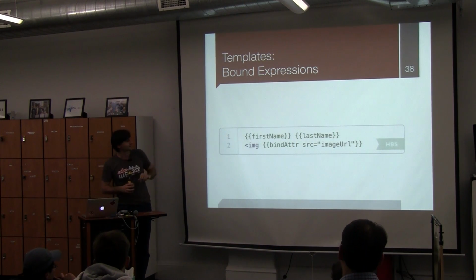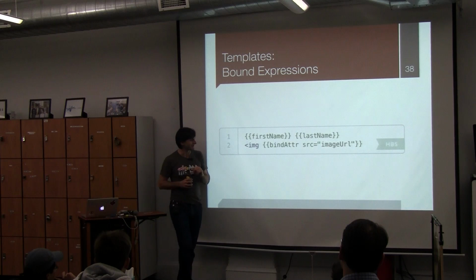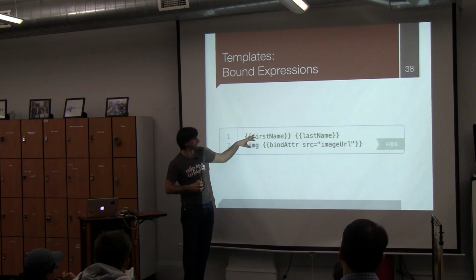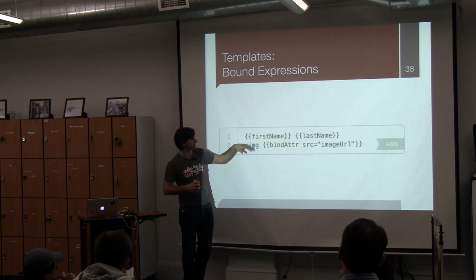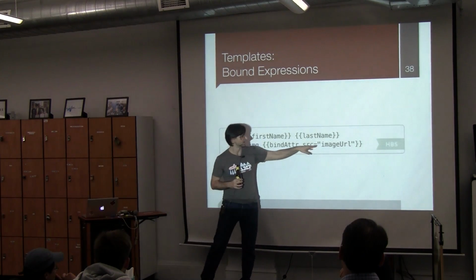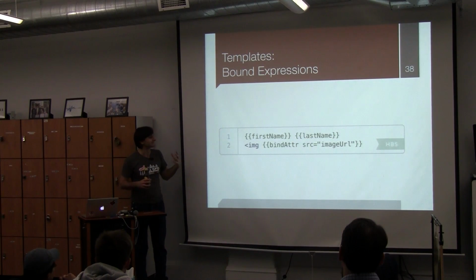Now, this kind of syntax doesn't work nicely inside of an HTML attribute. So your first guess might be, my first guess was, I would say, oh, image src equals double curly brace image URL. And unfortunately, that syntax doesn't work for Handlebars.